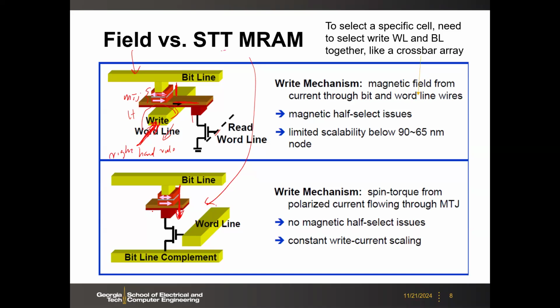The operation, write and read, is similar, by applying current through the MTJ. The only difference is that in the write operation, you're going to apply large currents. In the read condition, of course, your current is smaller. So we'll talk about that in more detail later. So let's look at the field MRAM first.